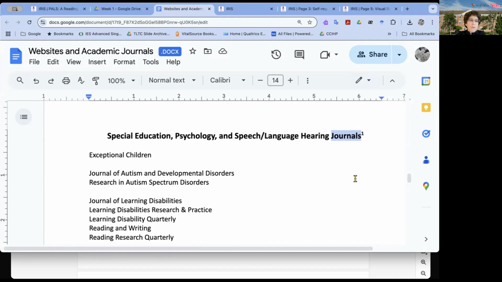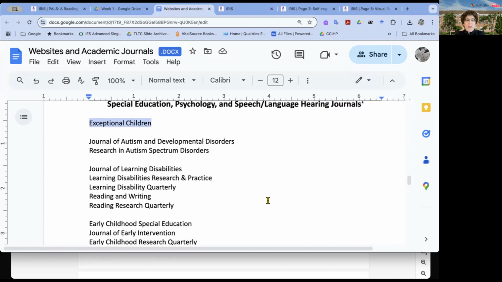You're going to want to know about these different titles of different journals. Exceptional Children is the very highest quality journal in the field of special education, to my knowledge. The other journals that are super high quality are Journal of Autism and Developmental Disorders, and things like Journal of Learning Disabilities.